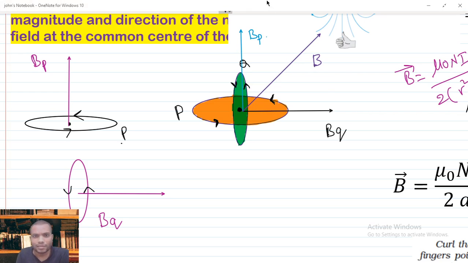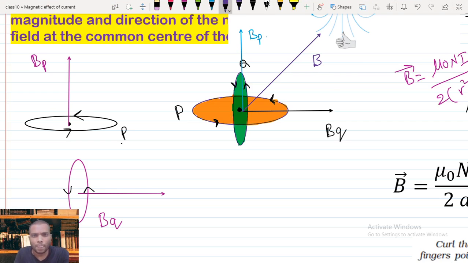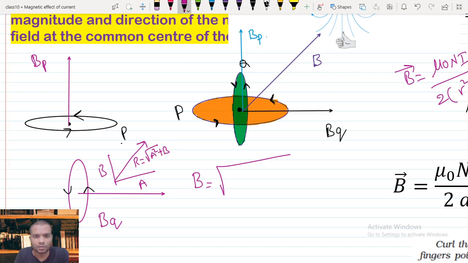We need to find the resultant magnetic field using vectors. If A bar and B bar are two vectors, the resultant vector R equals the square root of A square plus B square.